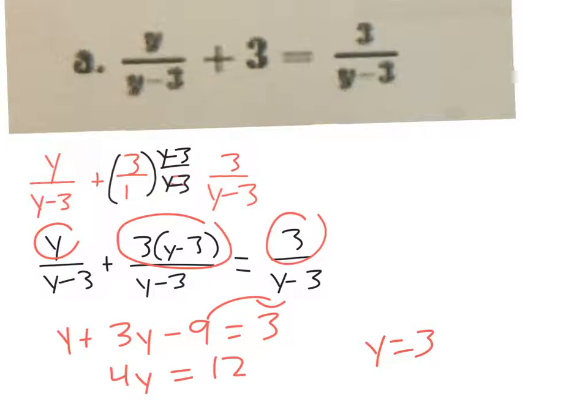You see that? It's dividing by 0, which is not allowed. So that means 3 was my answer, but it cannot work. So this one here would have no solution. No solution, which is the empty set.